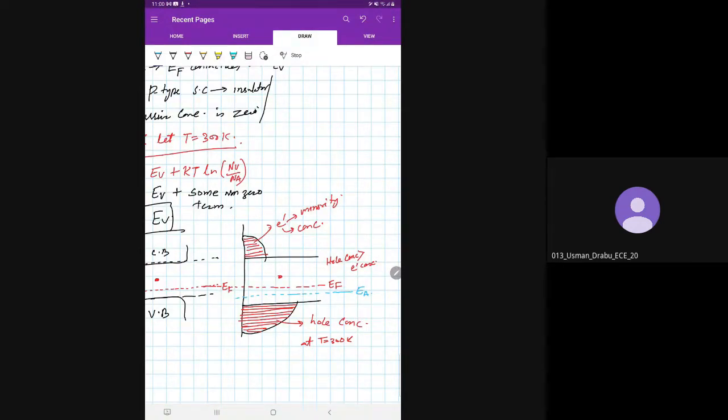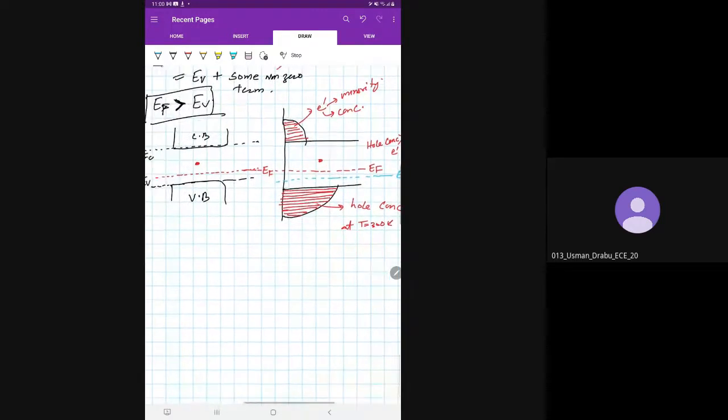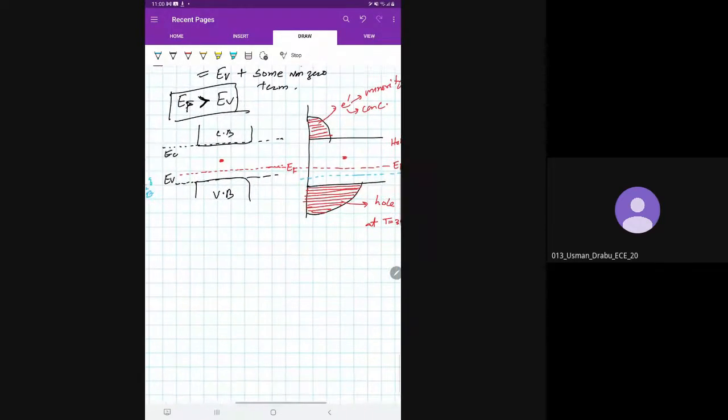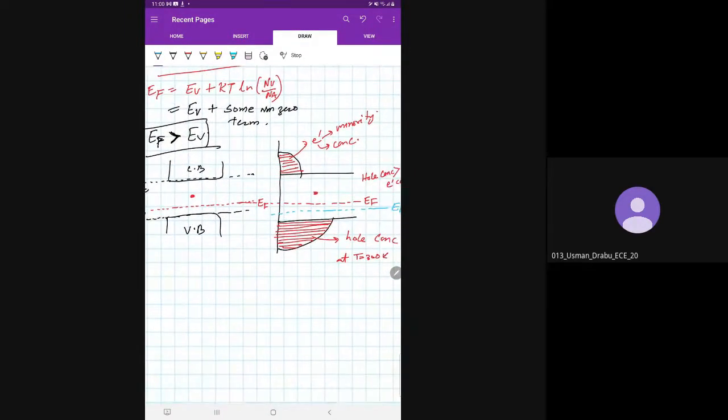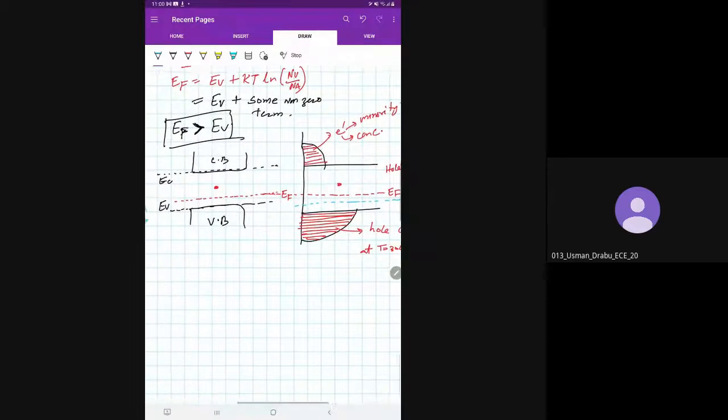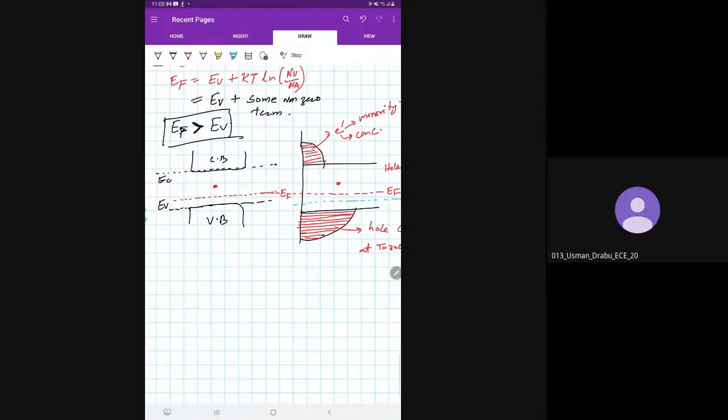We can show a combined diagram for this. We have these two diagrams. In one we show the energy levels, the Fermi energy levels. In the other we are showing the concentration of states, the density of states. Now these two diagrams can be combined in this way.